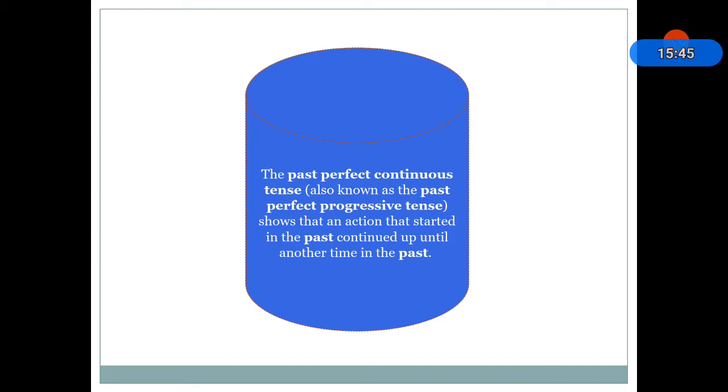Or in other words, we can say that past perfect continuous tense is used to indicate that a continuing action in the past began before another past action that began or interrupted the first action.